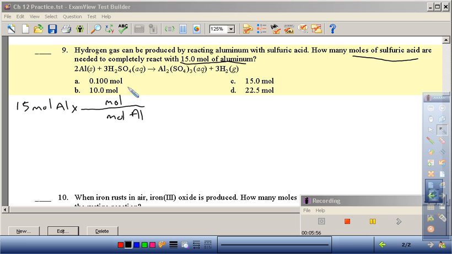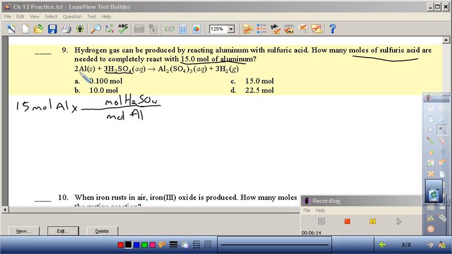How do I know which one is sulfuric acid? Well, it's clearly not aluminum. That's aluminum sulfate, and that's hydrogen. So that leaves me with this. Acids are going to start with hydrogens, at least for us. And now I need my ratio.